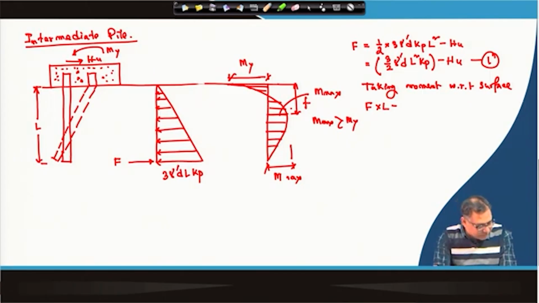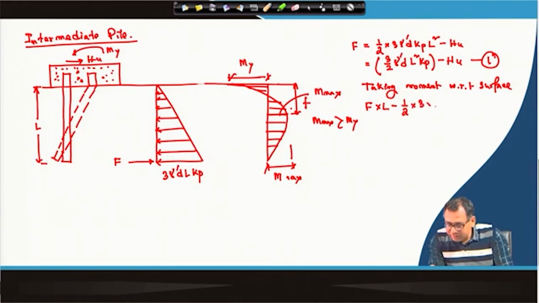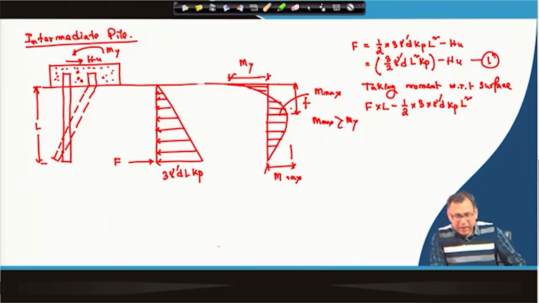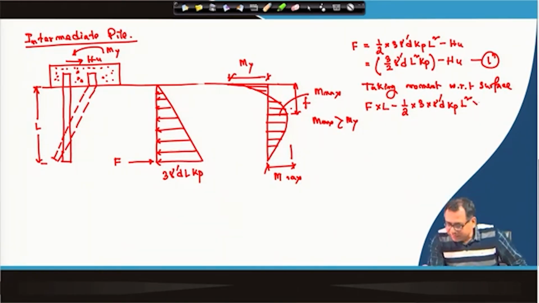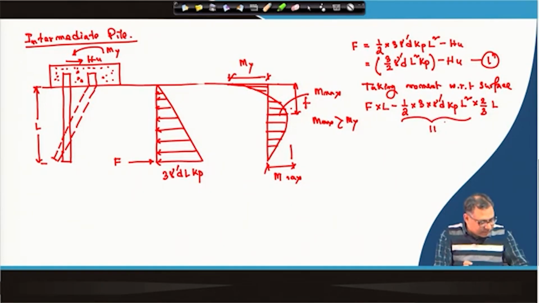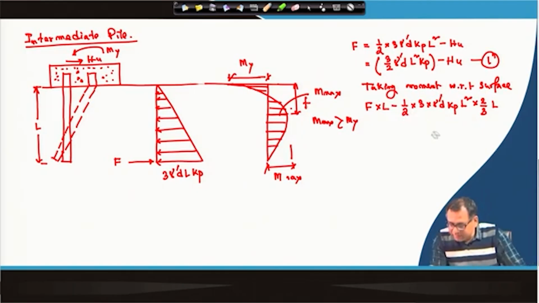That contribution is nothing but half into 3 into gamma dash d K p L square into 2/3 of L from the top. So, this is the total one here.